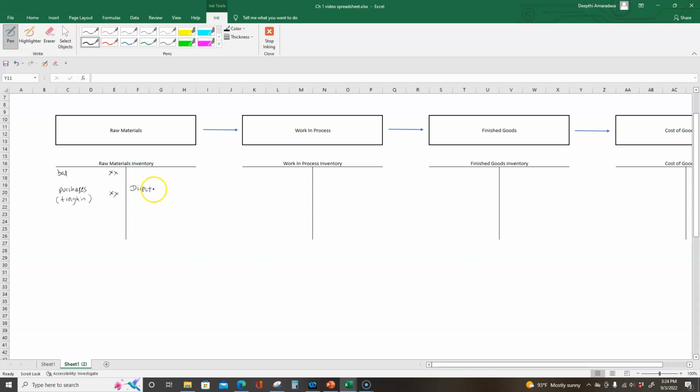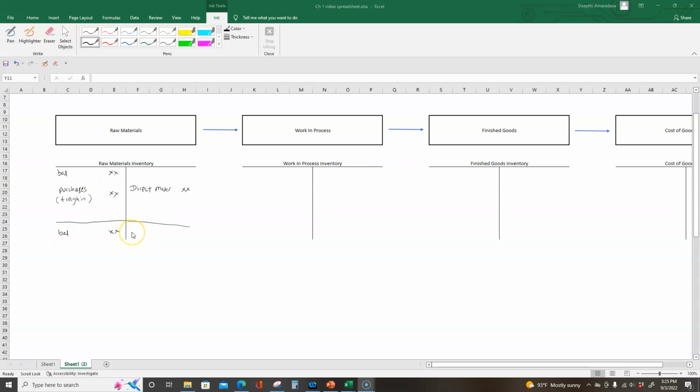Whenever the company uses direct materials, raw material inventory is credited or decreased, and then anything that's not used remains in their ending balance.